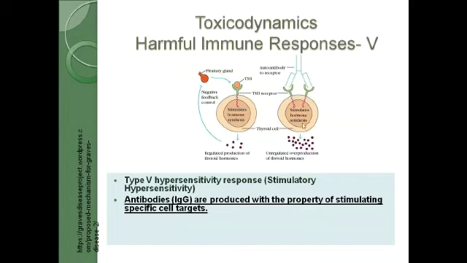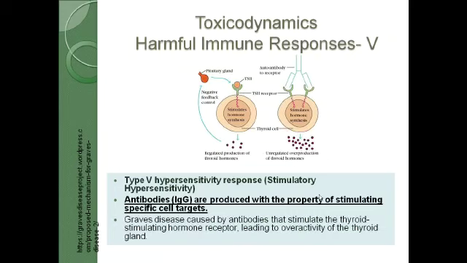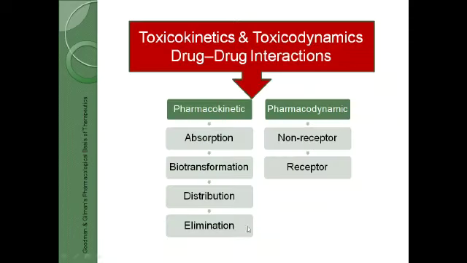And they stimulate the thyroid cell to produce the hormones. What is the consequence? Unregulated overproduction of thyroid hormones. As a result, the patient develops Graves' disease. So the pathogenesis includes antibodies that stimulate the thyroid stimulating hormone receptor, leading to overactivity of the thyroid gland.